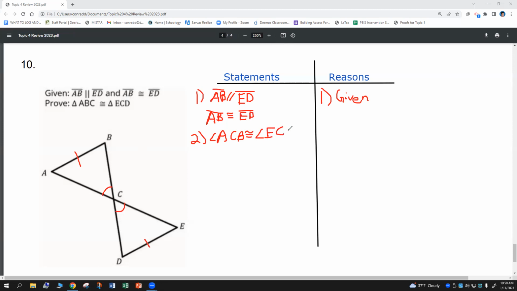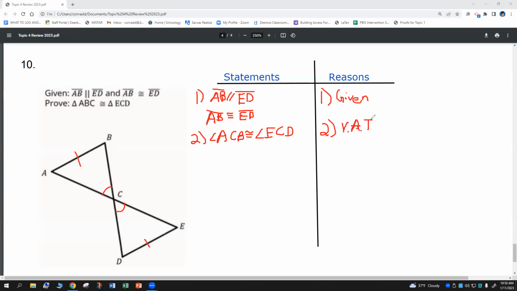As long as C is in the middle, we don't care. Name it either way. It's the same angle as long as you name it correctly. Okay, and that's the vertical angle theorem, VAT. Vertical angles are congruent. Okay, as we continue down the list here, midpoint, we don't have any midpoint, right? C looks like a midpoint, but there's nothing that tells us with 100% certainty that it is.